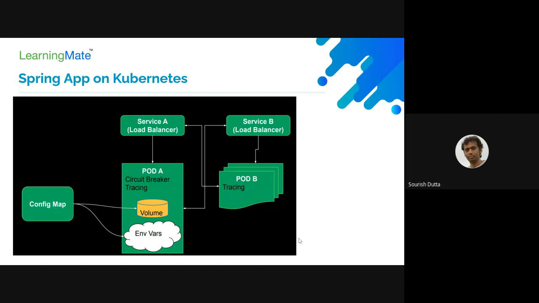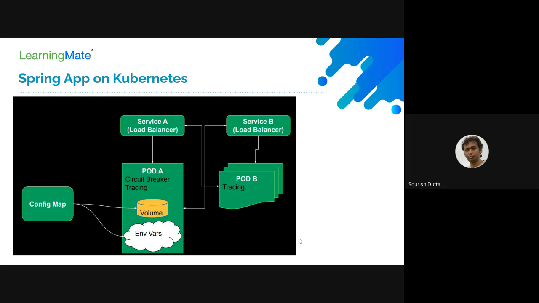Now, when any big application is deployed on Kubernetes, Kubernetes has its own load balancer, because the definition of a service itself is a load balancer. Every service that you create, which you deploy in certain instances into multiple pods to replicate it, has a service definition, and that service definition takes care of your load balancing.